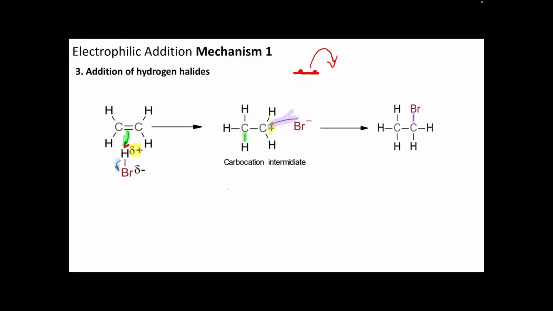So that is the mechanism that you need to be able to draw. You need to be able to show the arrows, show the electrons moving. Hydrogen halides always react with alkenes via a carbocation intermediate.